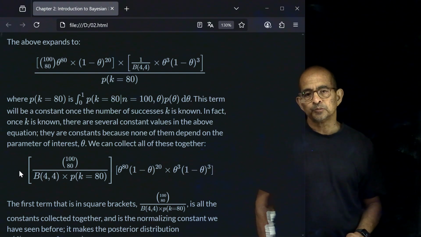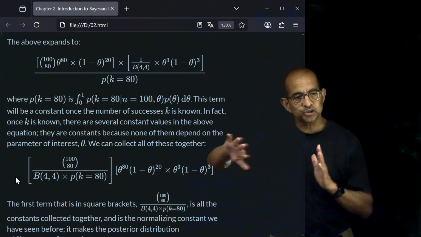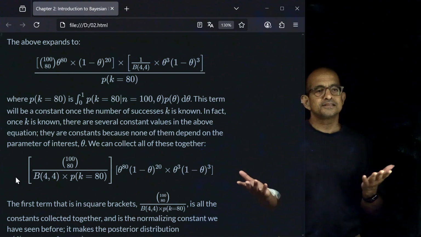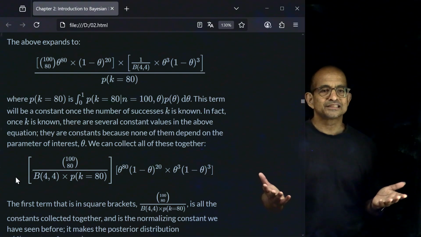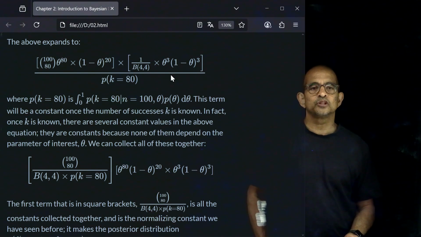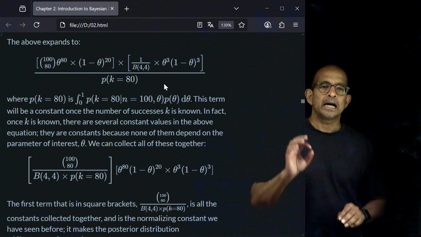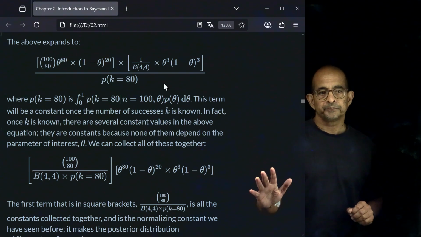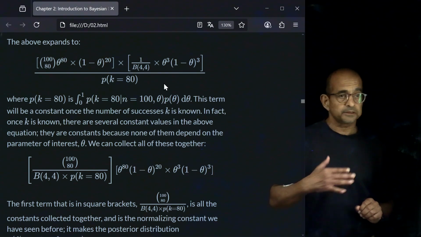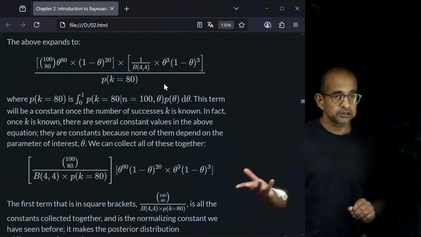Now, moving back to the square bracket that I pushed aside to the left, it is really all the constants in this equation. The only variables in this equation are the terms that involve theta. Anything that doesn't involve theta is not a variable, it's a constant term.